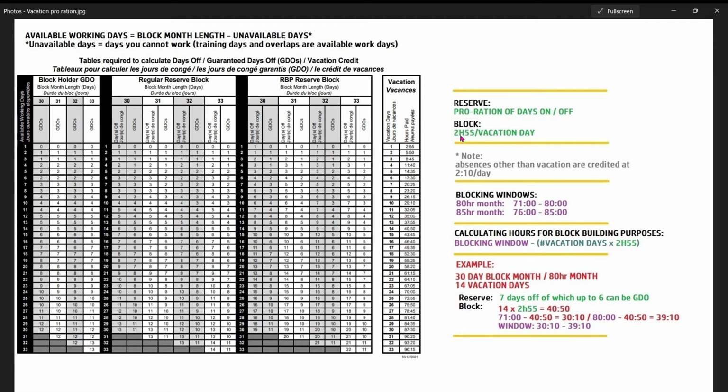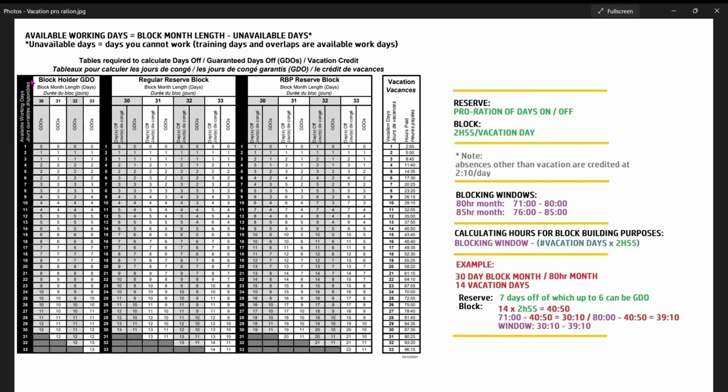So when we speak of reserve and the proration of days on, what you want is to figure out how many days you're available in the month to figure out what the proration is for your block month. So example, block month length is 30 days. I have 10 vacation days, so 30 minus 10, I am available 20 days.